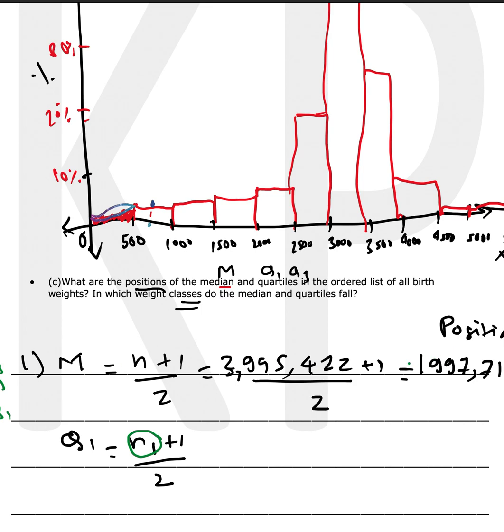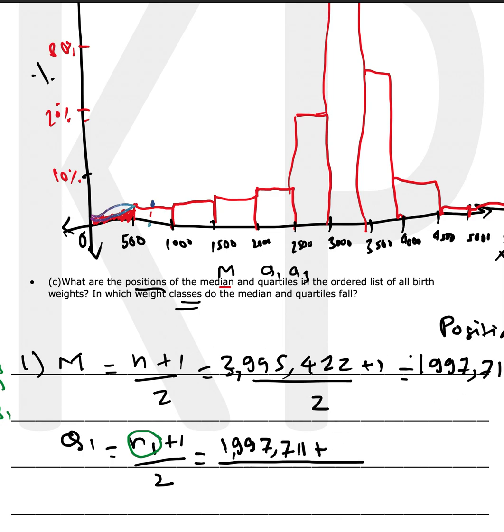So everything before this point, not including the median itself, is going to be the total number N1. That is why we take N1 as 1997711, and not 0.5, because the 0.5 is the position of the median.